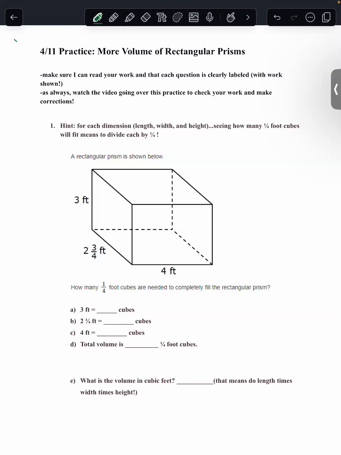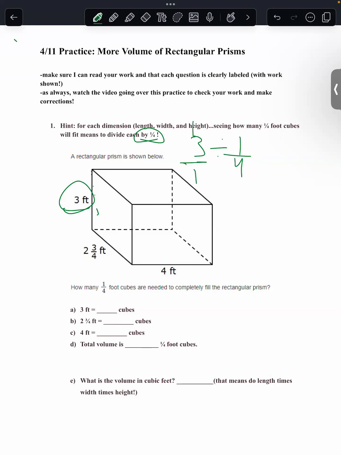So on this first one here, our little cubes are 1/4 by 1/4 by 1/4, as opposed to 1 by 1 by 1. That means, for this 3 right here, to see how many 1/4ths are in 3, you're taking 3 and dividing it into fourths. You need to make sure you show all of this work.